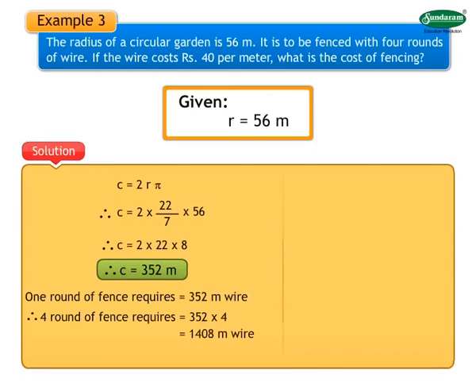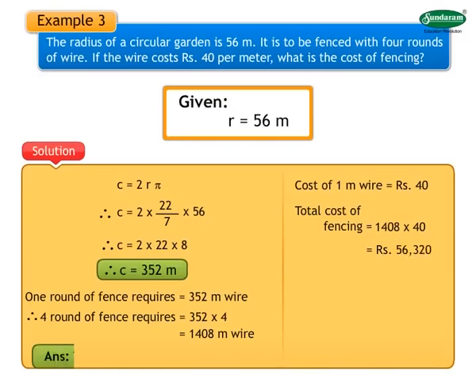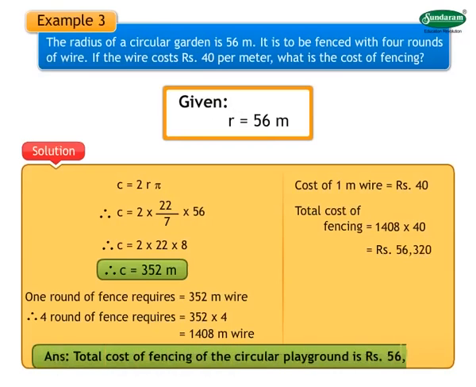Also given that the cost of 1 meter of wire is equal to rupees 40. Total cost of fencing is equal to 1408 into 40, which is equal to rupees 56,320. Answer. Total cost of fencing of the circular garden is rupees 56,320.